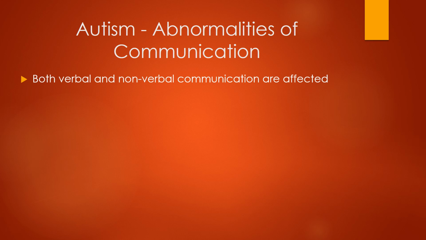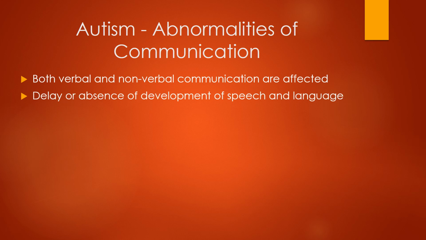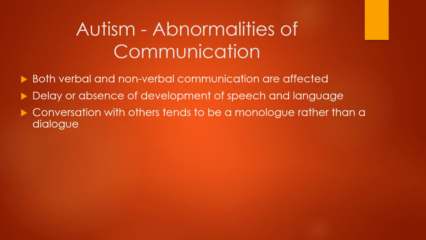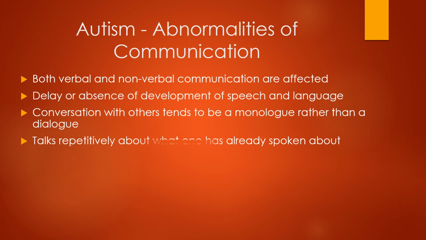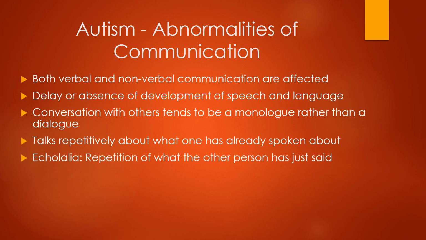Both verbal and non-verbal communication are affected in autism. There is delay or sometimes even an absence of development of speech and language. Conversation with others tends to be a monologue rather than a dialogue. There is a tendency to talk repetitively about what one has already spoken about.